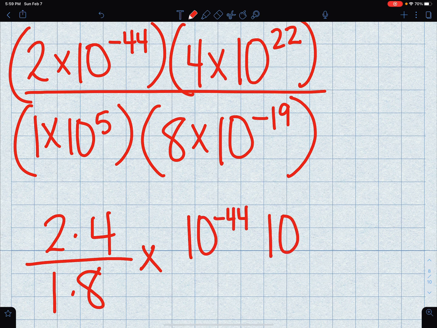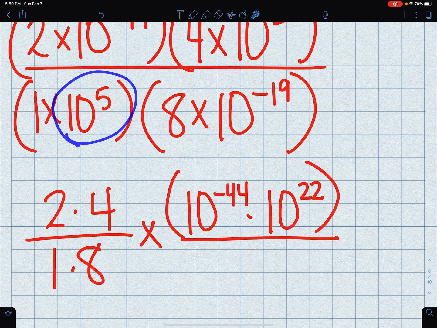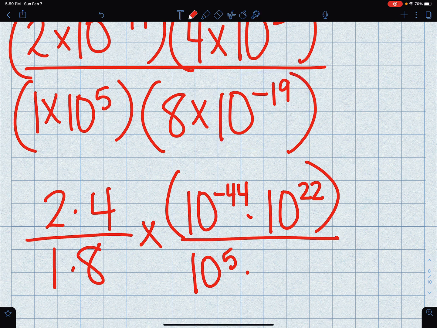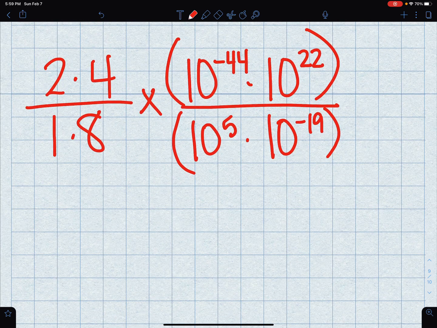We've got 10 to the 22, multiplied together. And then on the bottom, we've got this 10 to the 5th. Then we've got this 10 to the negative 19. So let's pull that out, 10 to the minus 19. Okay, so 2 times 4 over 1 times 8, that's 8 over 8, which is 1.